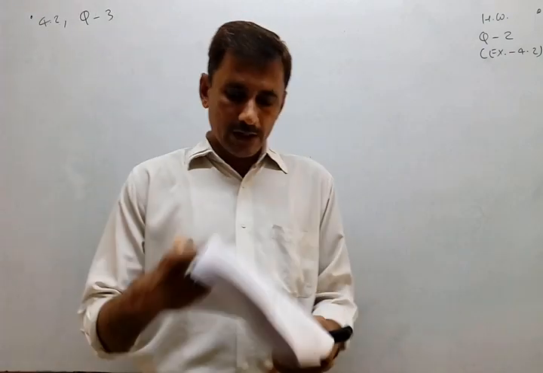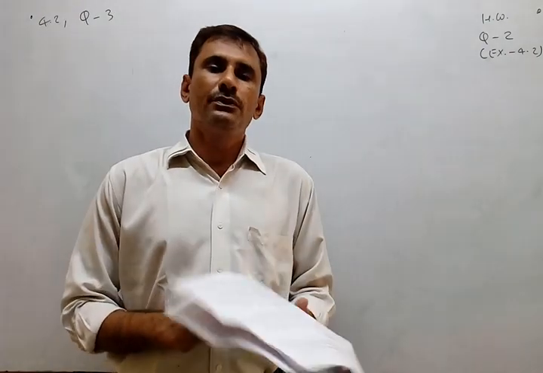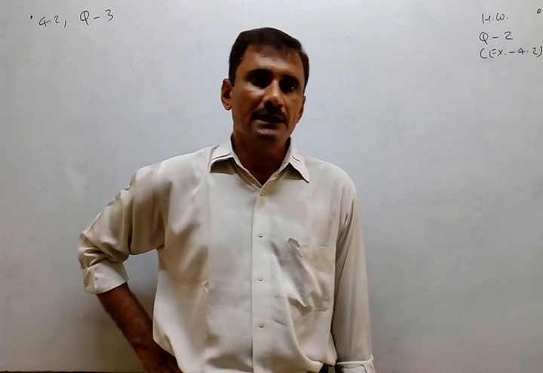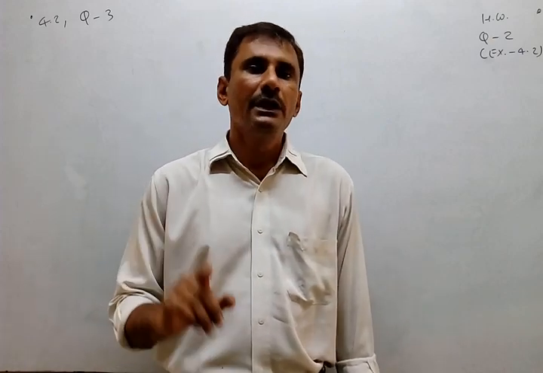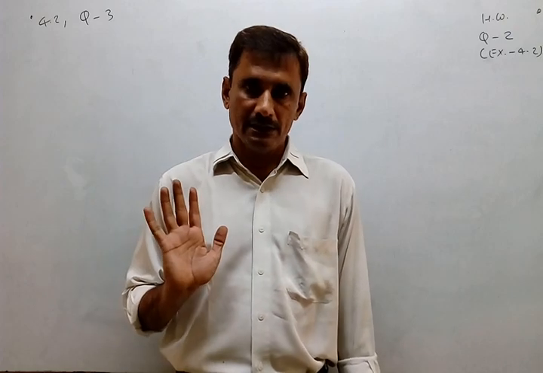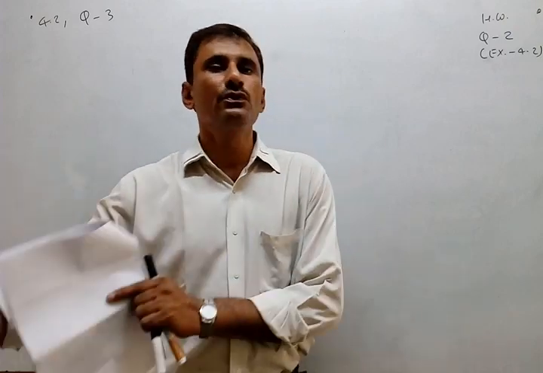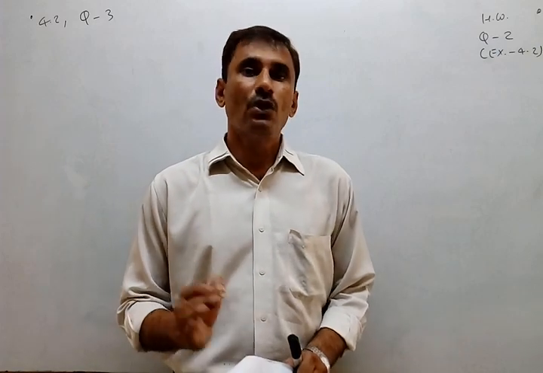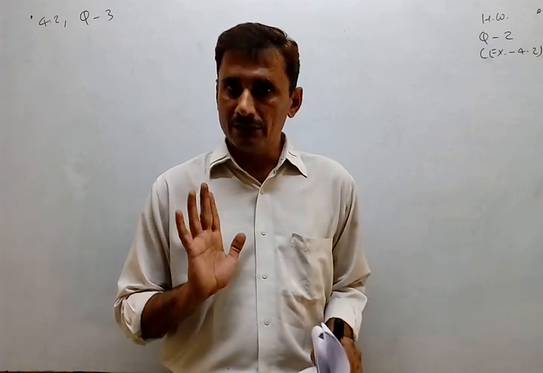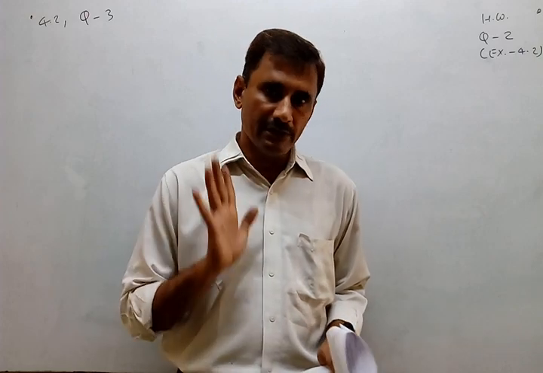I told you at the very start of this lesson, you have to suppose one variable only. Whenever a product is given, directly or indirectly, the product is going to come. At that time you have to understand that it is the case of a quadratic equation, not of a linear equation. So no two variables, one variable should be there.